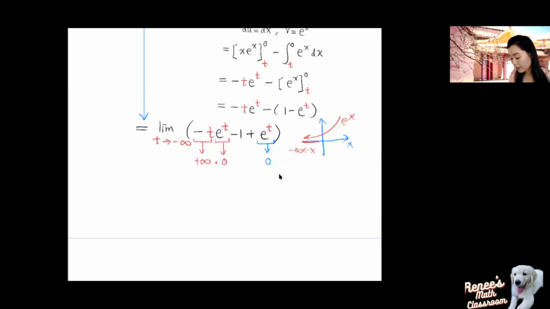So the limit of this is actually an indeterminate form, 0 times infinity. Remember in the beginning of the semester, we talked about this indeterminate form. But we cannot use L'Hopital's rule right away because it's not one of the 2 emergency types, 0 over 0 or infinity over infinity.